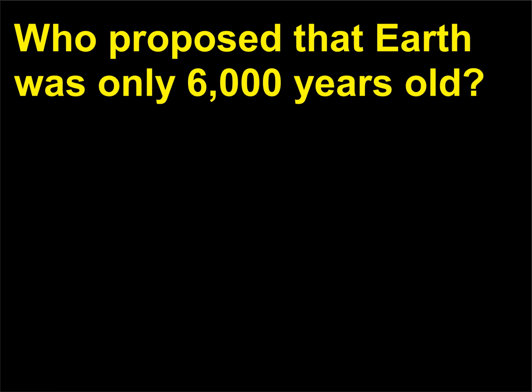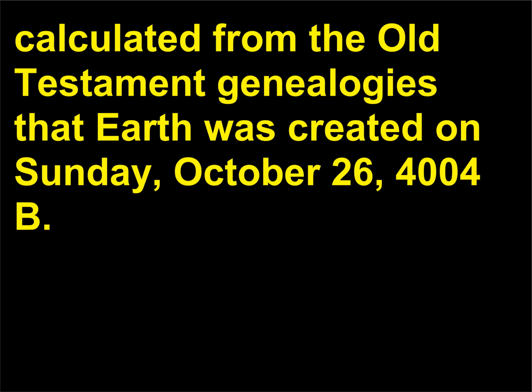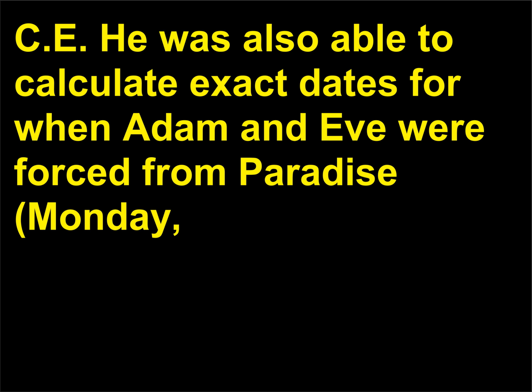Who proposed that Earth was only 6,000 years old? In the 17th century, Archbishop James Usher, 1581–1656, of the Irish Protestant Church, calculated from the Old Testament genealogies that Earth was created on Sunday, October 26, 4004 BCE.